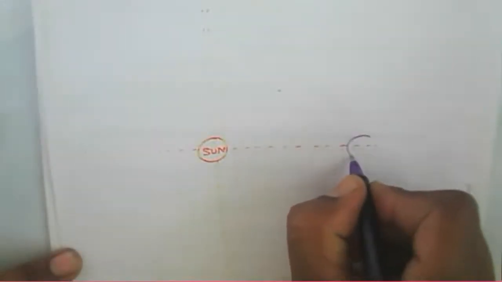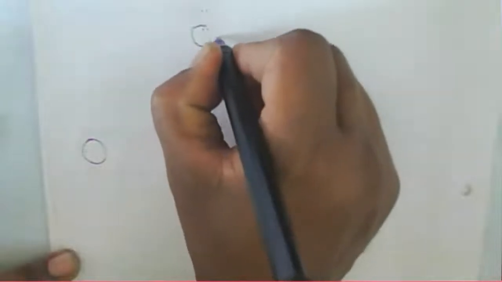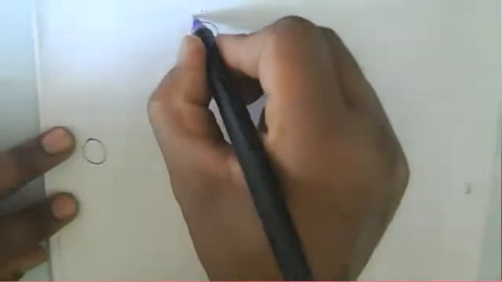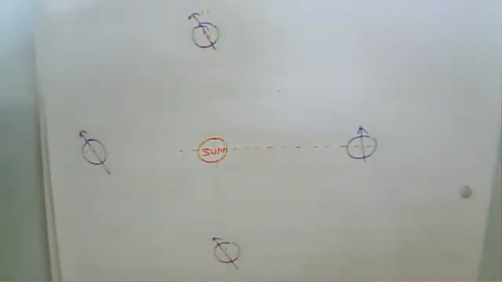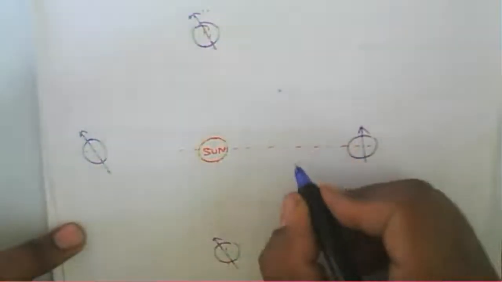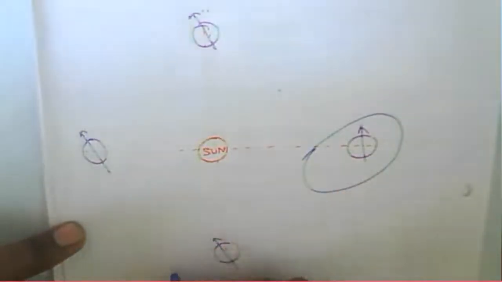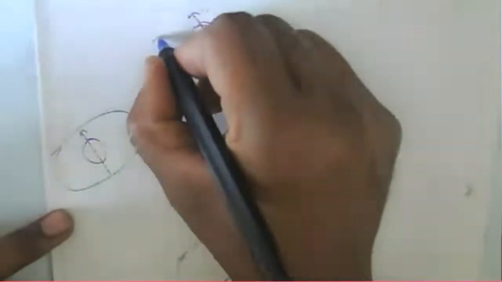Okay, so here we have the sun, and we'll consider that this one is about Earth, and this is about the Earth axis, the Earth rotational axis we say, and we have the satellite orbits.